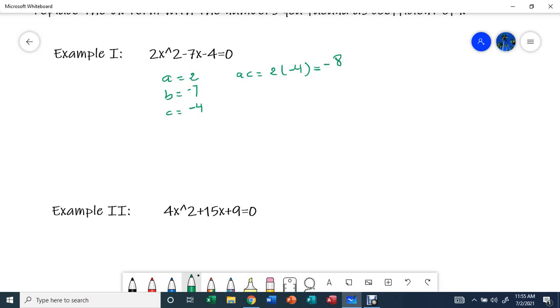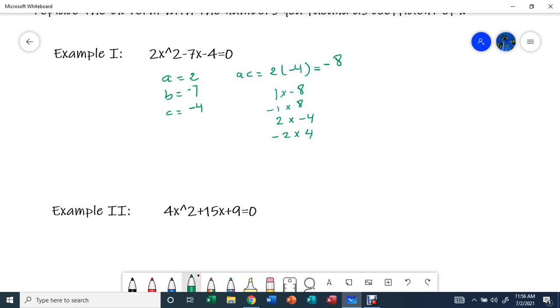Now find two numbers that multiply to negative 8 and add to negative 7. For negative 8, I can do 1 times negative 8, negative 1 times 8, 2 times negative 4, and negative 2 times 4.